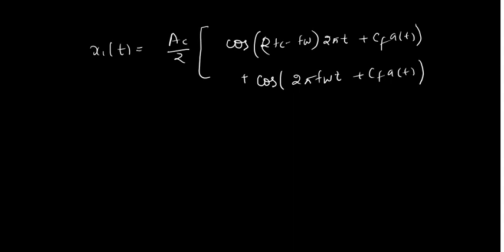It is simple to see, very easy. So if we then pass it through a band pass filter centered at frequency Fw, it will go away and we will only have this.